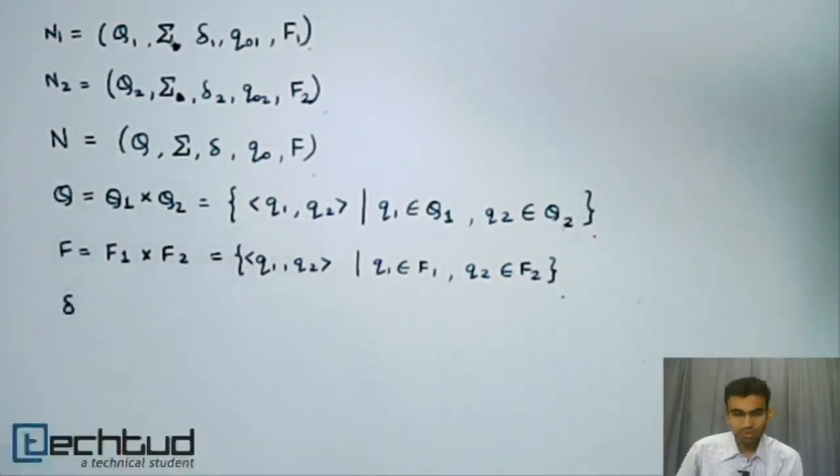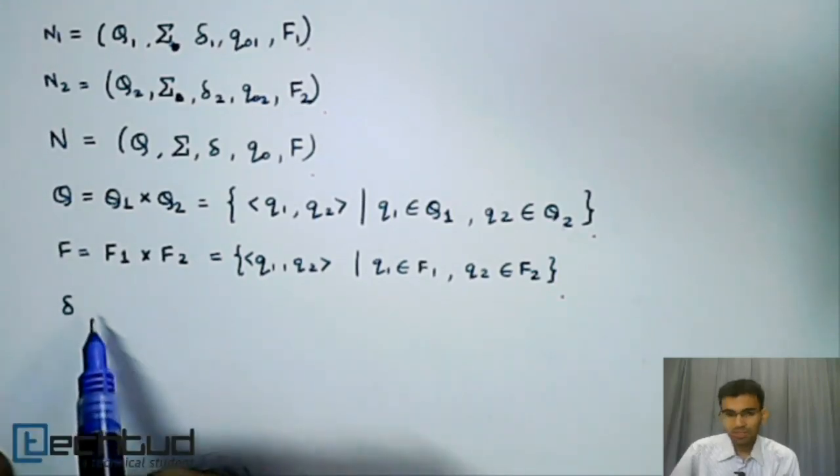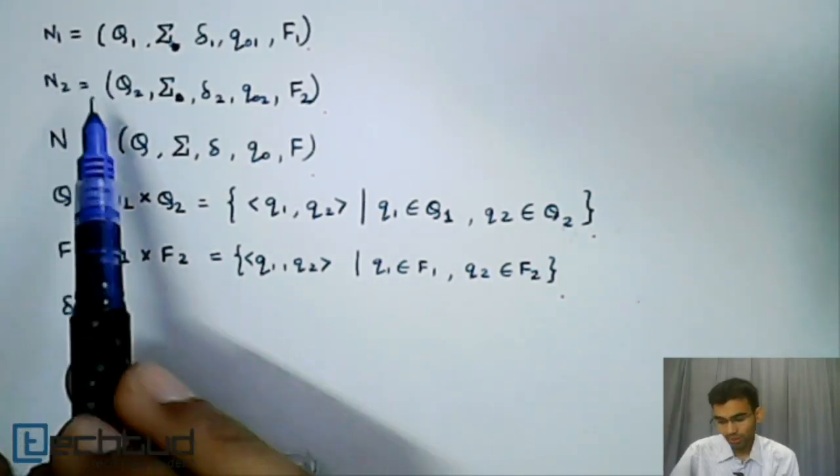Your transition function will move in such a way that on a particular symbol you will be simulating both N1 and N2.